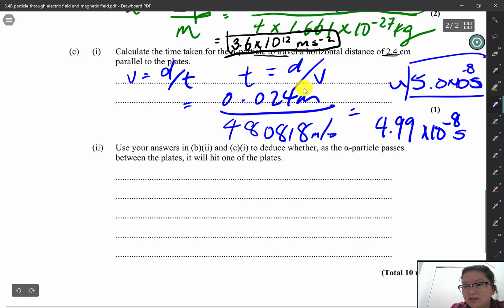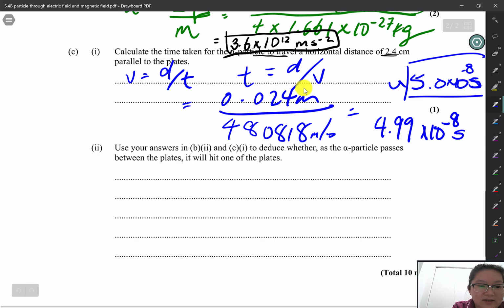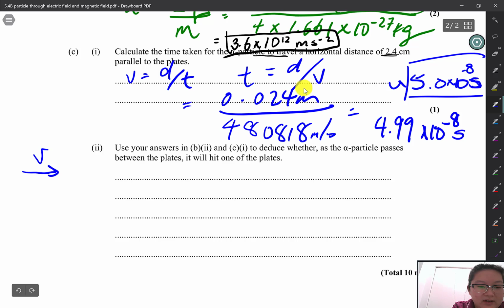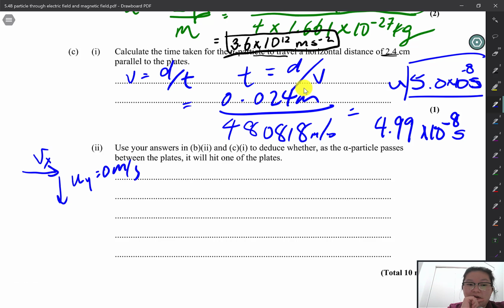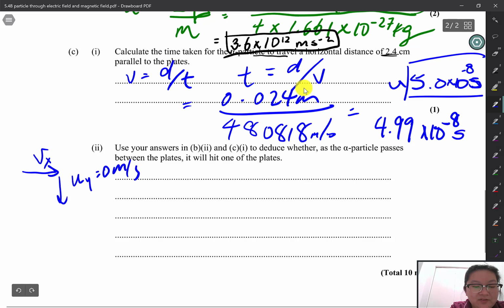So using our knowledge of kinematics, there's going to be the horizontal velocity, which we found earlier, and which means that there is no initial speed going downwards. So imagine that as the object is moving across, it's going to fall due to the electric field. So it's going to fall from rest. So it's kind of like free fall.